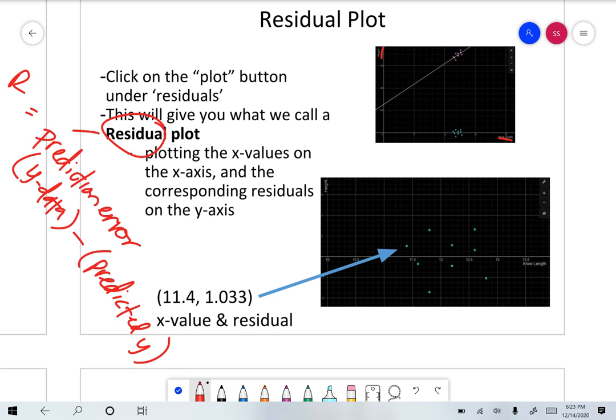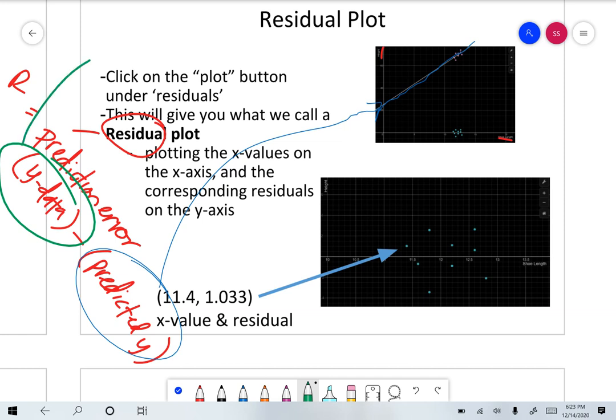The predicted y value is essentially the points that are on the line. The actual y data are the actual data that you collect, meaning the dots. So that's a quick reminder on residuals.